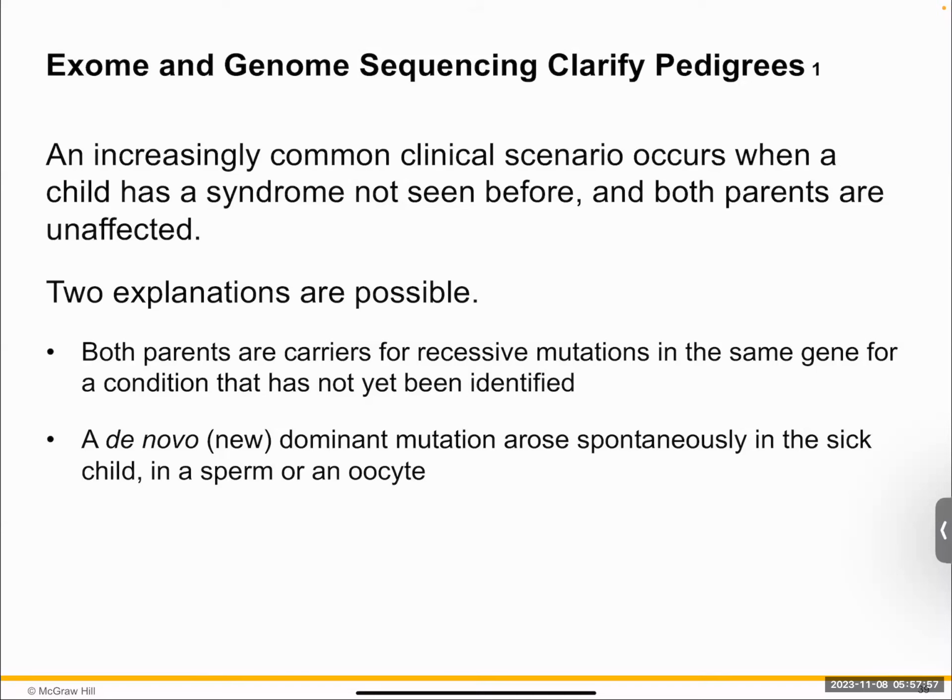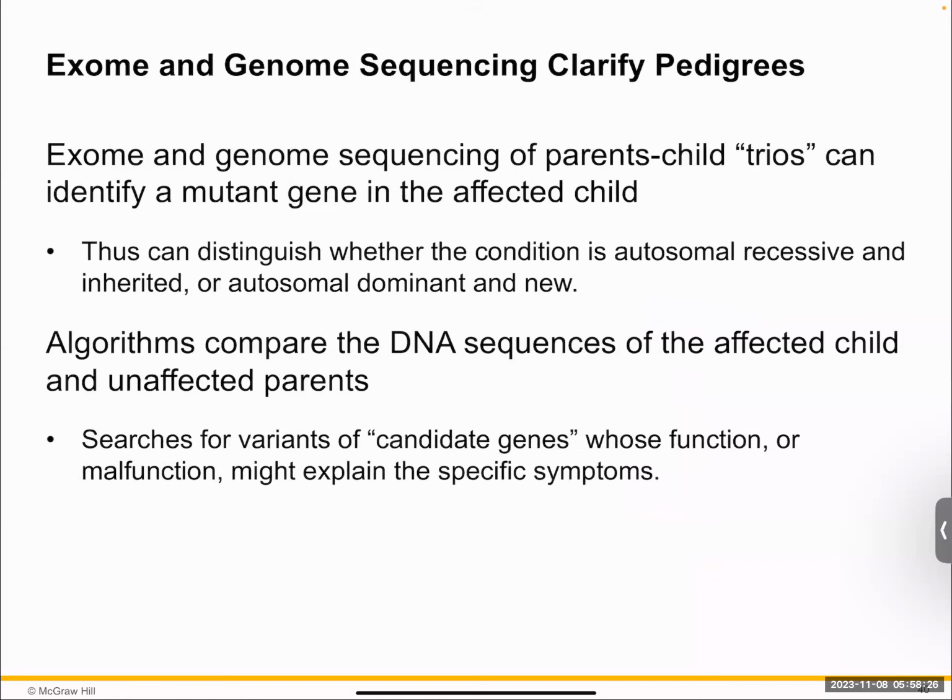So again, the possibility is that the parents are carriers, therefore the child became the person with the disease, or the parents were not carriers, but the child still developed the condition because of a mutation in the sperm or the oocyte during the process of gamete formation and reproduction.